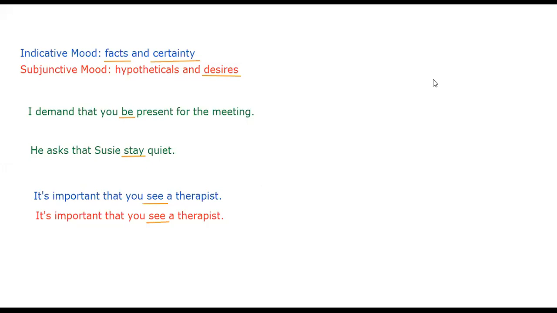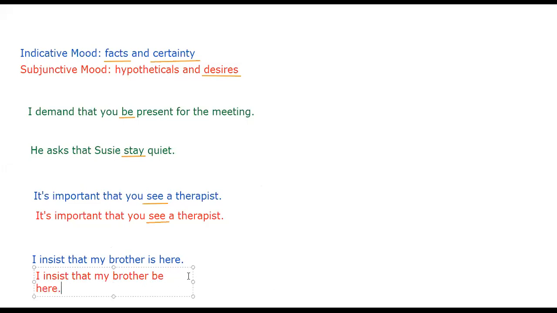Let me type up an example. So how about: I insist that my brother is here, versus I insist that my brother be here.